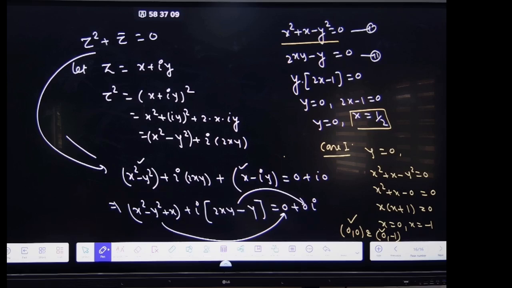And then equate it with real part, imaginary part, imaginary part.